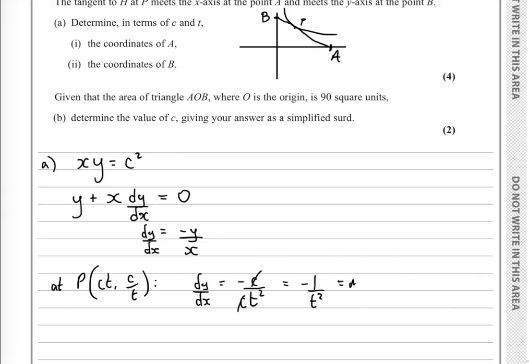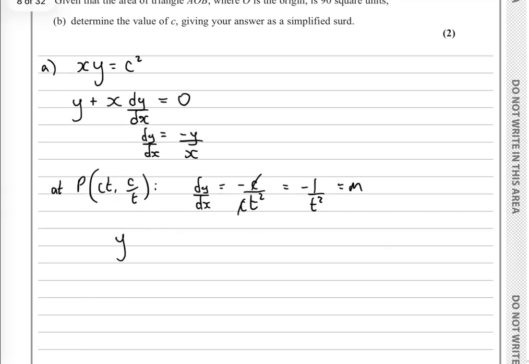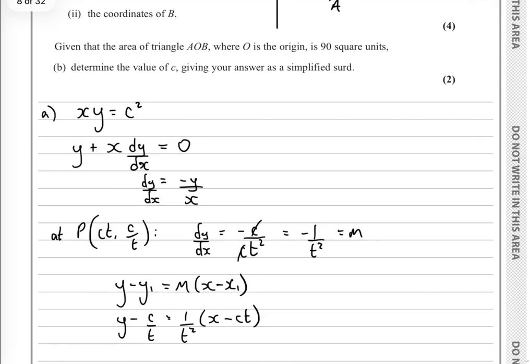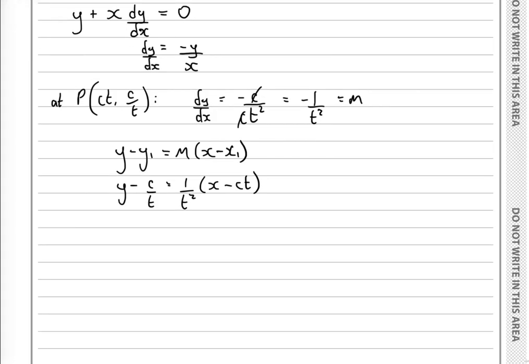So that's m in my line equation, y minus y1 equals m(x minus x1). And then we can put it all in. y1 is c over t, m is minus 1 over t squared, and x1 is ct. So that's our equation, and then we want the coordinates of where this crosses the two axes.